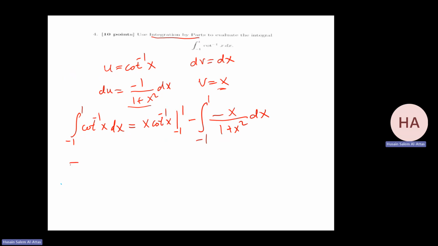Now substitute here. I have 1, cotan inverse of 1 is pi over 4. That gives me pi over 4 minus, be careful here. This is minus 1 minus pi over 4. Is it?